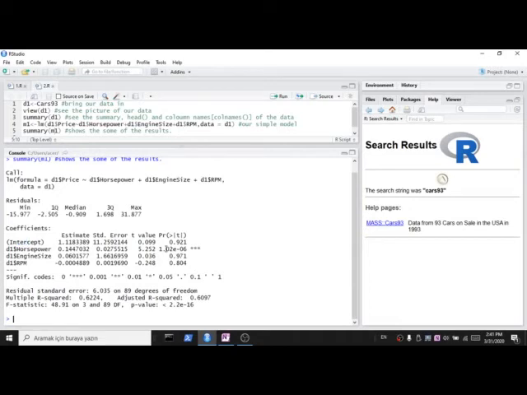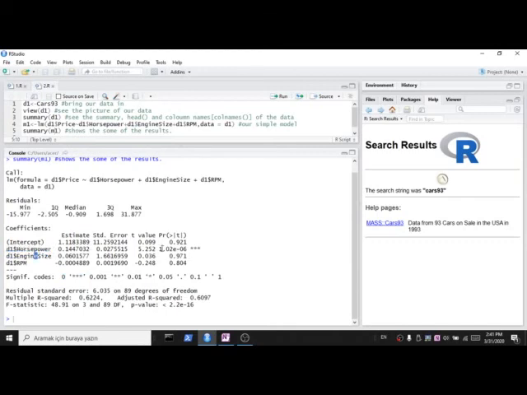And second, horsepower. It is 10 to the power of minus 16 or so. It is significant, even at the 0.001 level, so it's very significant. So in the real model, horsepower exists.